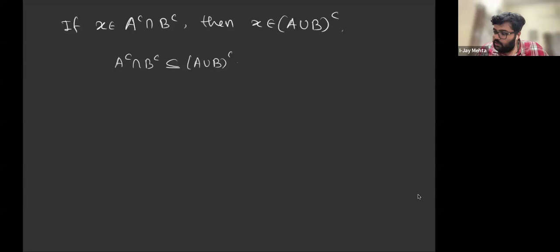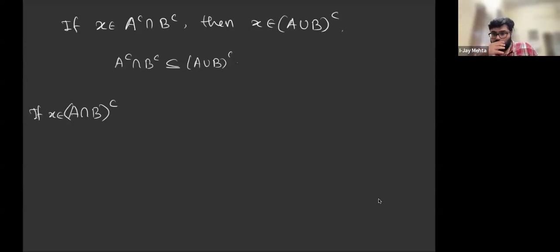Now, if X is in A intersection B complement, then what can you say? What is the first step, immediate step?